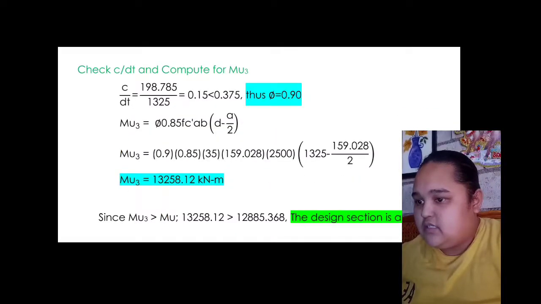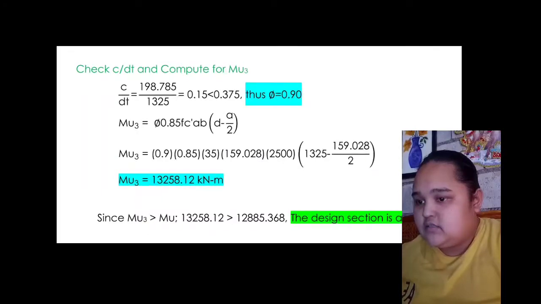C over dt is equal to 198.785 over 1325 is equal to 0.15, which is less than 0.375.